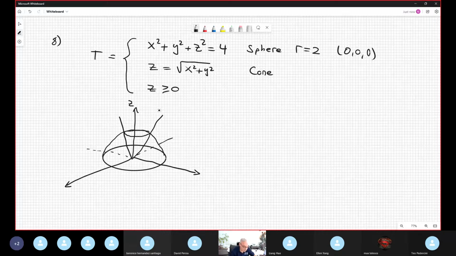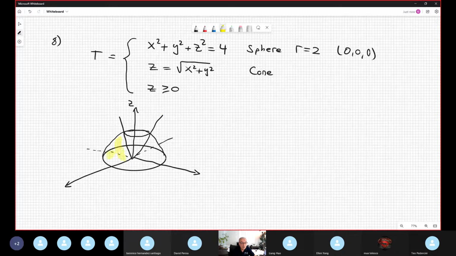our solid. Because the problem says we think sphere, okay, above the cone. Above, within the sphere, above or below? Below. If it is below, in my opinion, you let me know if I'm right or not, this part.